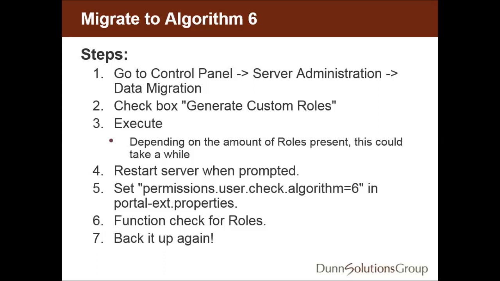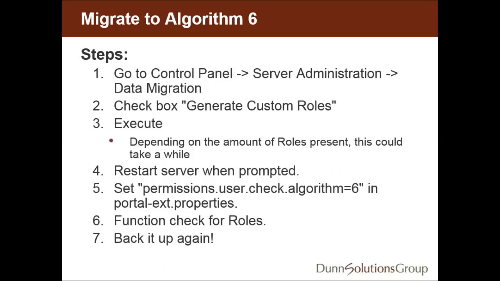So to migrate to permission algorithm 6, you go to Control Panel, then Server Administration. There's a section called Data Migration, and you want to check the box that says Generate Custom Roles, and you want to execute the process.